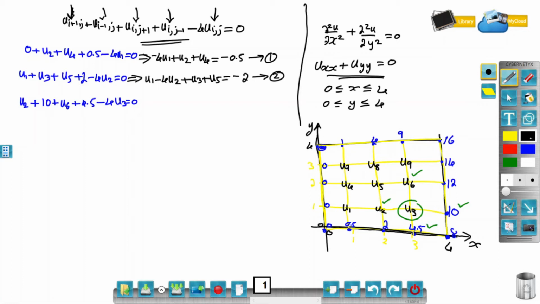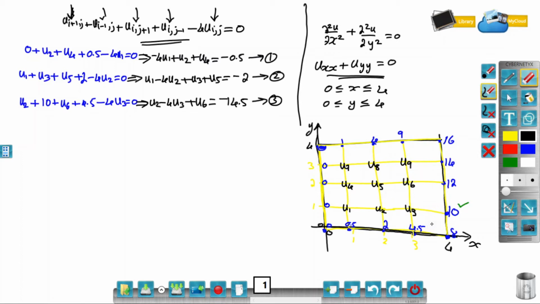So if you are rearranging this one, we have U2 minus 4 U3 plus U6 equal to minus 14.5. So this is equation number 3. Is it okay?